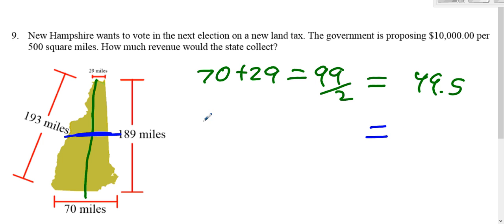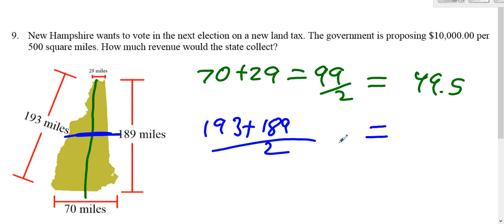That's going to average out to be 190.5. So that makes this more like a rectangle. You can estimate the area now just as a rectangle by multiplying 49.5 times 190.5.